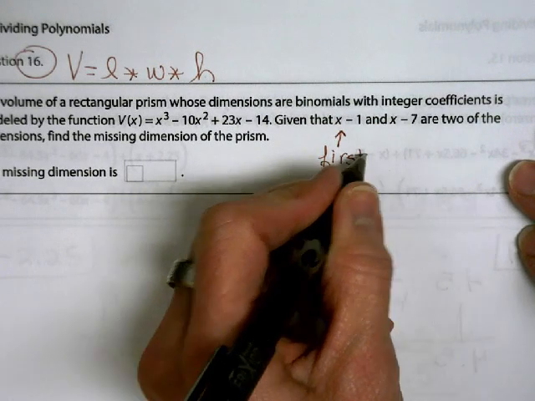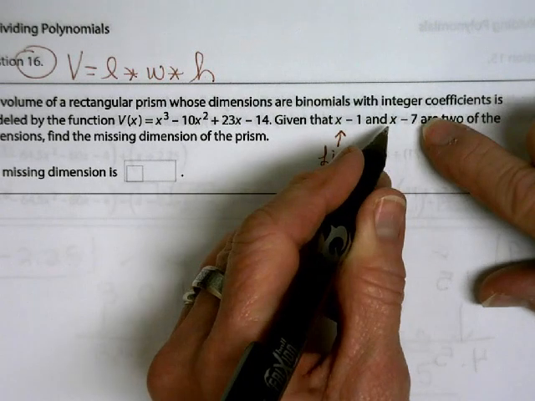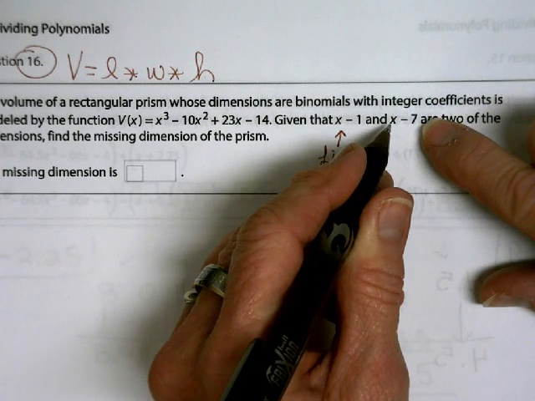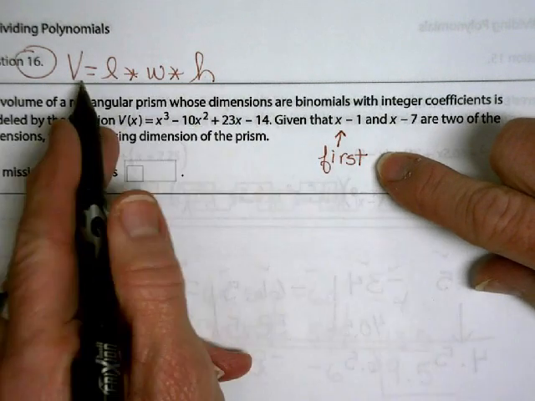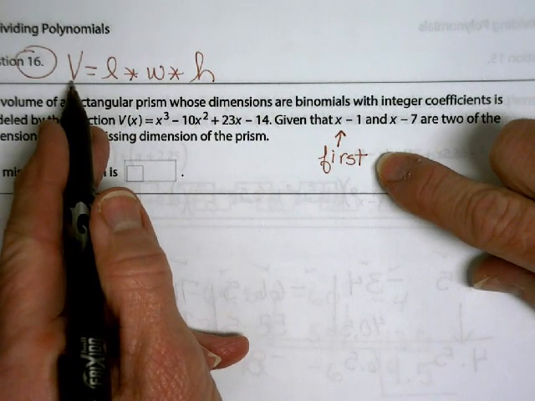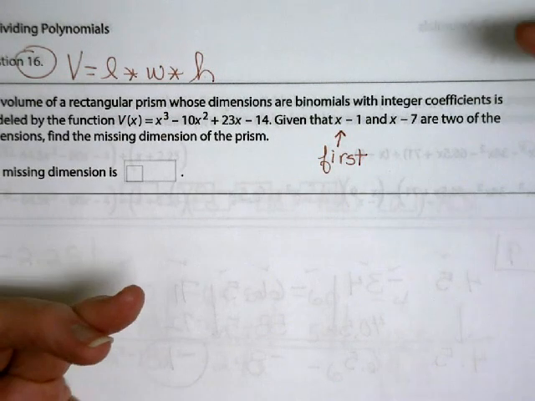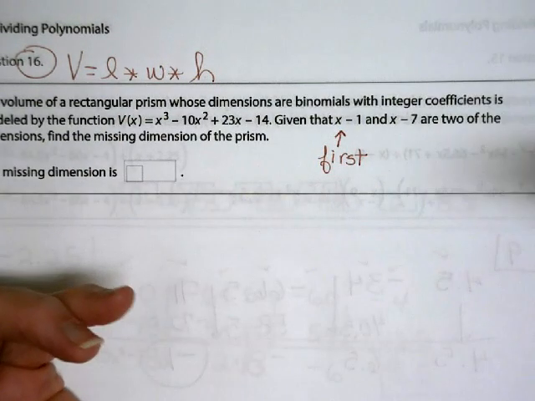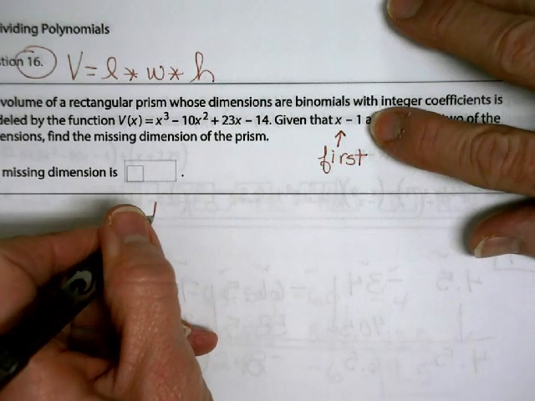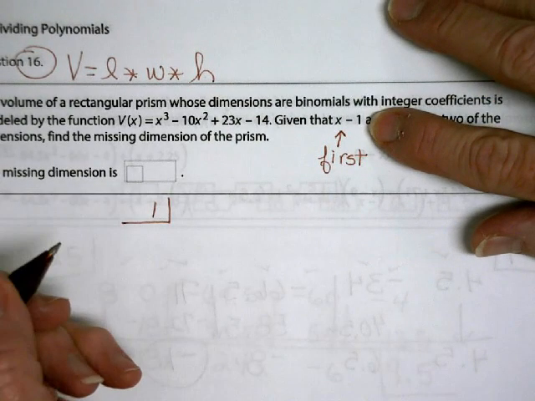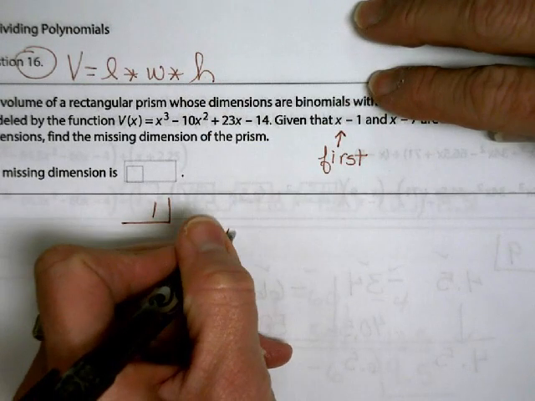Okay, so I'm going to divide by this one synthetically first, and then I'll take this answer and divide it by the next one. So once I divide it because it's length times width. So if I take the volume divided by length first, and then I divide it by the width, voila, the height is left. So you do it all the time with numbers, so now we're going to do it with polynomials. So my synthetic divider is a 1 in the crow's nest.